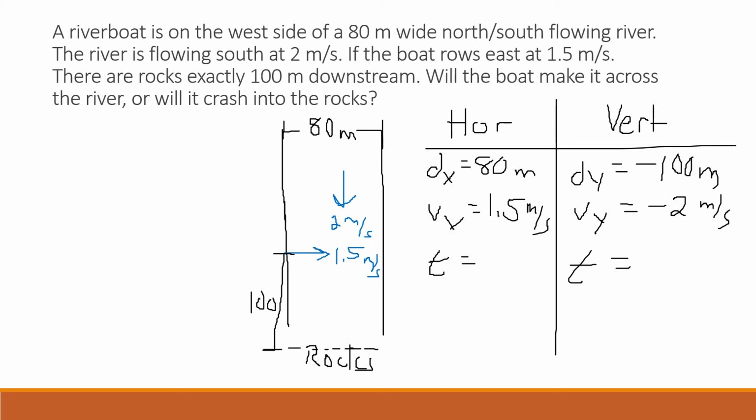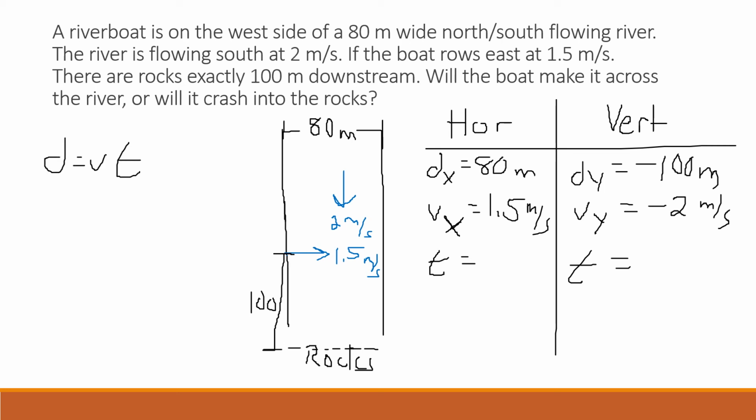So we have enough information to calculate time for each one. That's interesting. How's that going to work? Well, let's see. Again, I know that d equals vt.